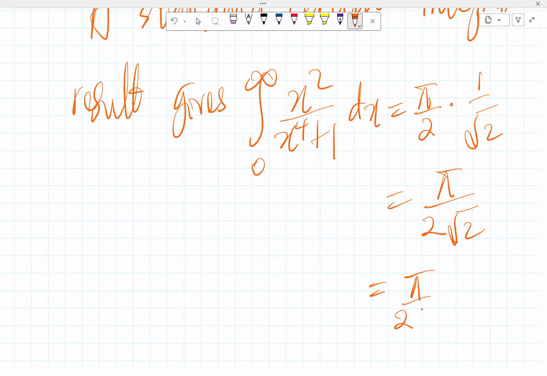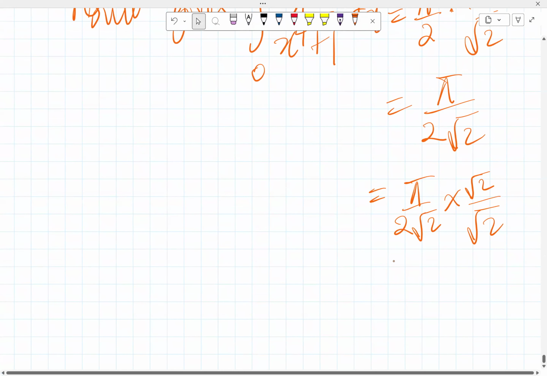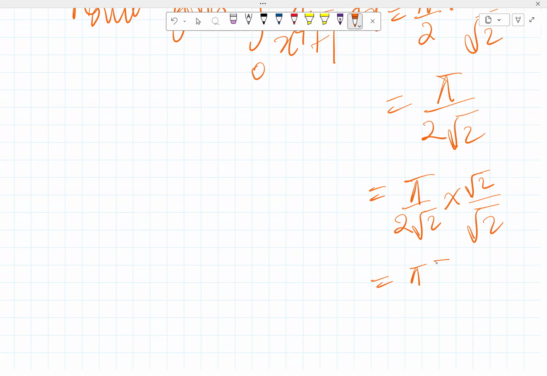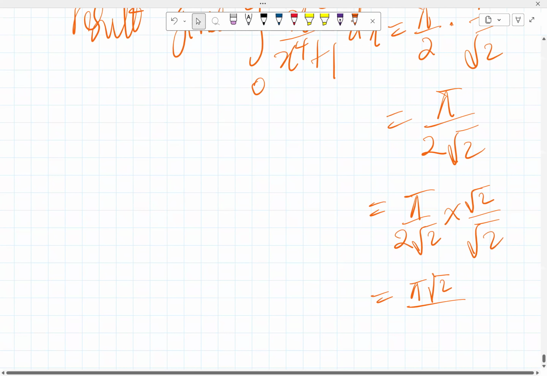That's pi over 2 root 2 times root 2 over root 2, like multiplying by 1. So we have pi root 2 all over, yeah, this is pi over 2 root 2, right? I think, what do we need to do here?